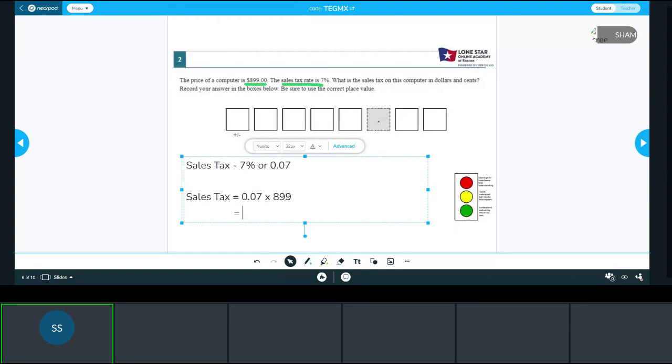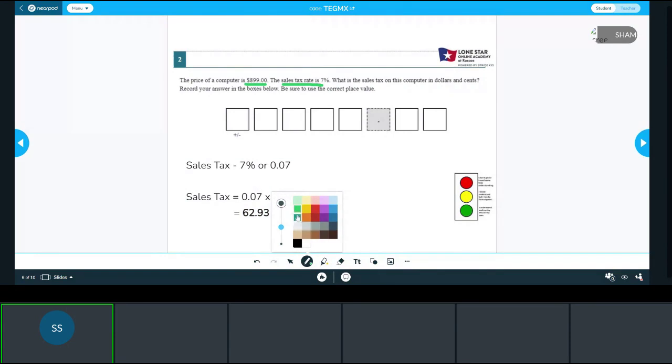When I multiplied, I got an answer that is $62.93. Now, when I go and enter my answer, see how I'm going to answer. I definitely don't need the dollar sign. You'd never put in a dollar sign. And this very first block has a positive and a negative sign. That means if your answer is negative, you can enter a negative in there, right?